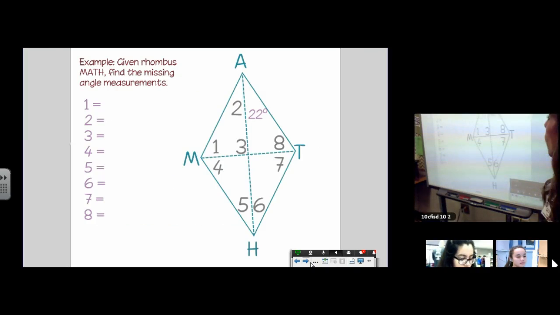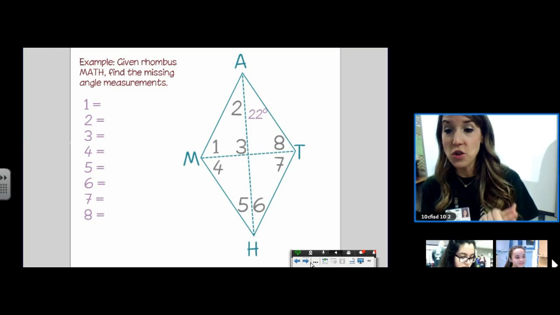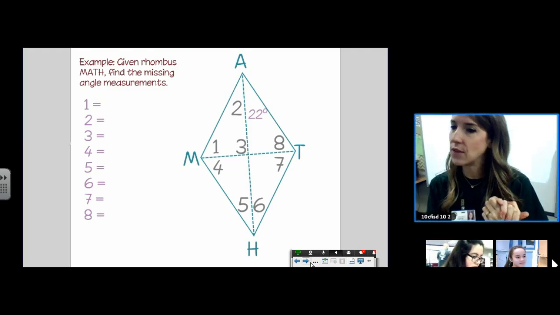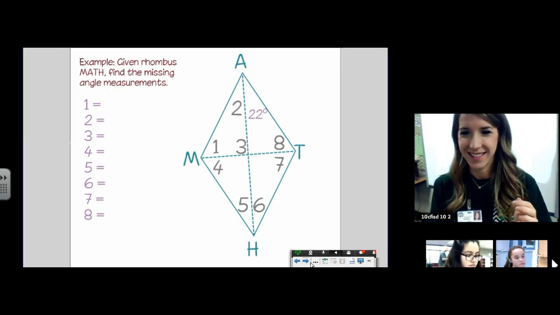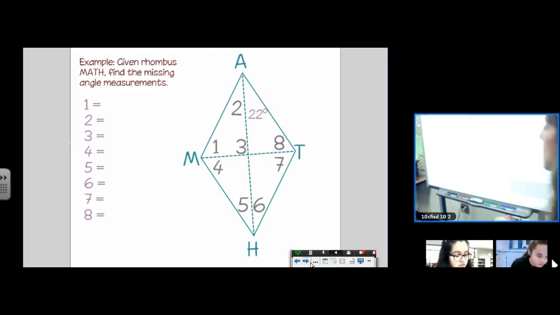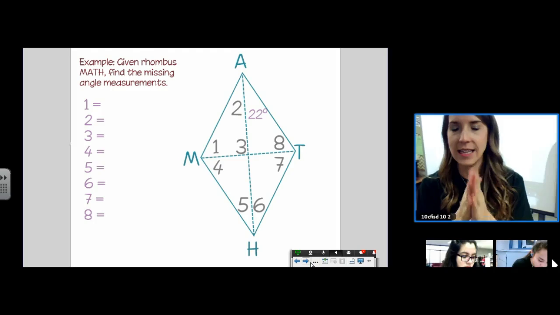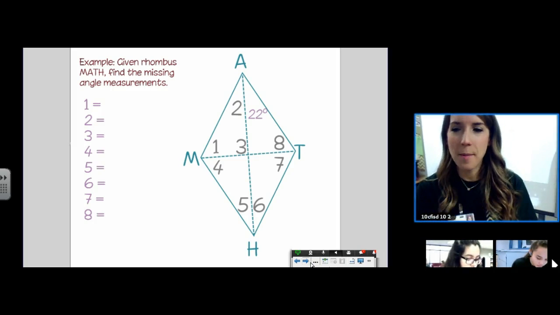Cool. What is there to do now other than try to solve some problems with our new information? So draw this figure in your notes and see if you can find all 8 missing labeled angles. The way that these shapes work is when in doubt, you read a property from your list. Now, rhombus has 4 congruent sides. That might not really help us with the angles today, okay?